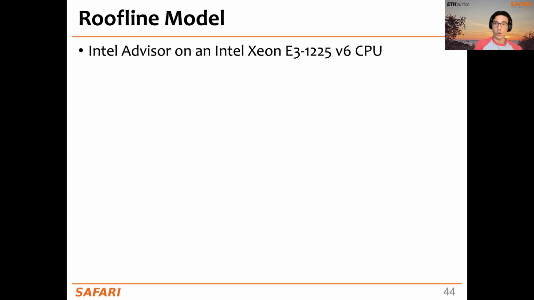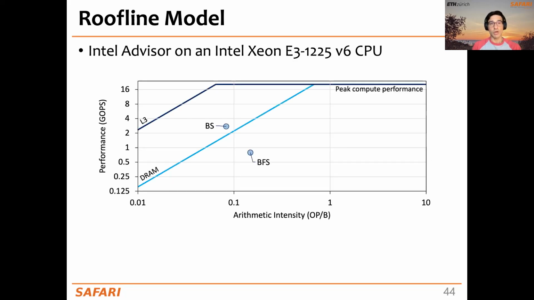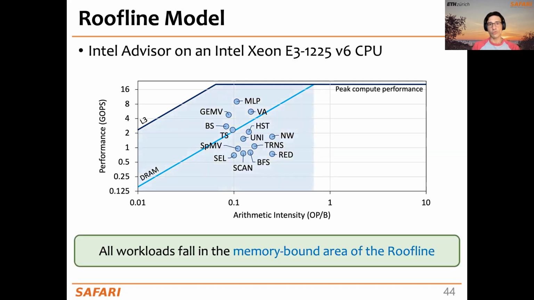As I said, it's not only the diversity of the workloads in terms of domains or application fields, it's also that these workloads have been shown to be memory bound in processor-centric systems. In particular, you can see here the roofline model experiments that we performed using Intel Advisor on an Intel Xeon CPU. And as you see, all 14 workloads fall in the memory bound area of the roofline.